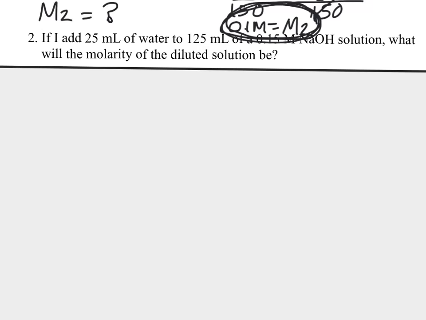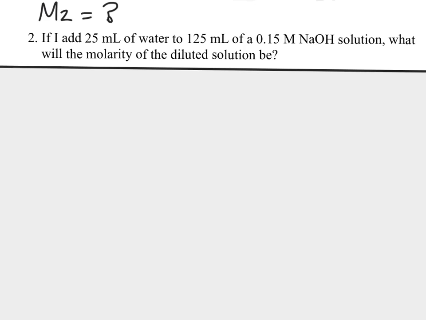All right, scrolling up to question number 2. It says if I add 25 milliliters to a 125 milliliter solution, and that solution is 0.15 molarity, what will the molarity be of the new diluted solution? So let's think this through. It sounds like we have a 125 milliliter solution.